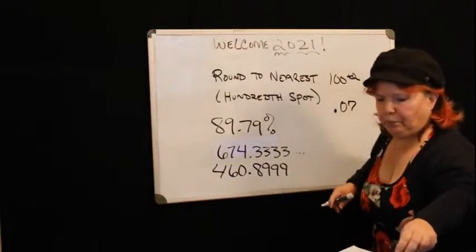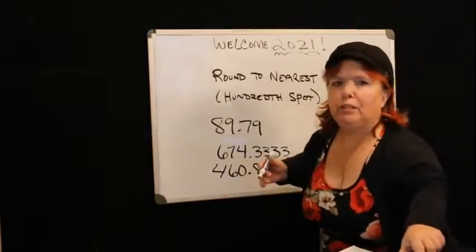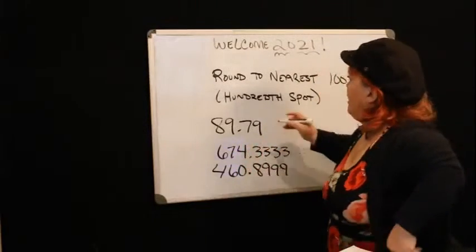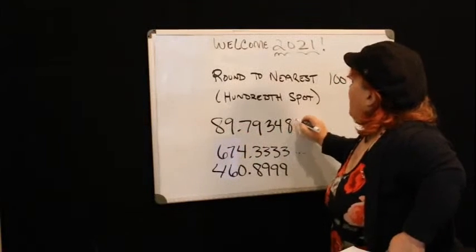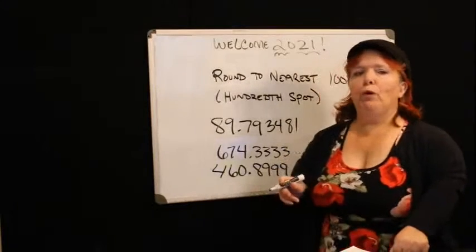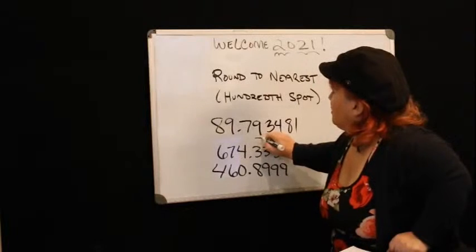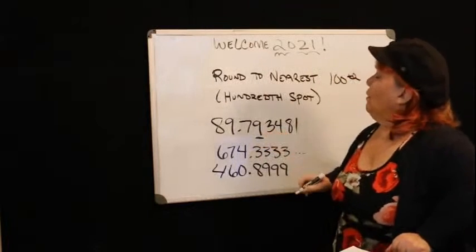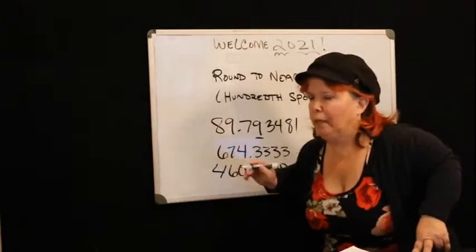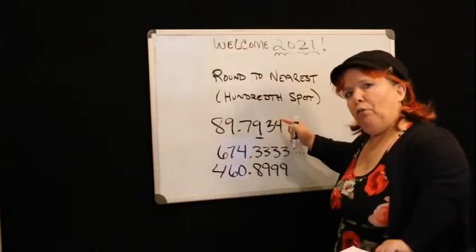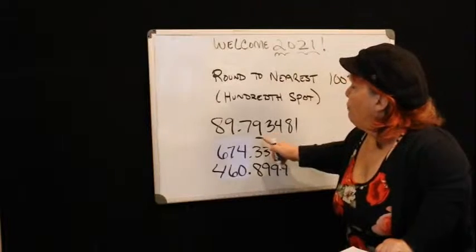So, if you have a percent, so let's say you're working with a percent and your calculator gives you 8.793481. And you want to round to the nearest 100th spot. So remember, this is the 100th spot. Well, if you remember correctly, when we talked about rounding last week a little bit, if this number that's on the right of it is 5 or more, what happens to this number?